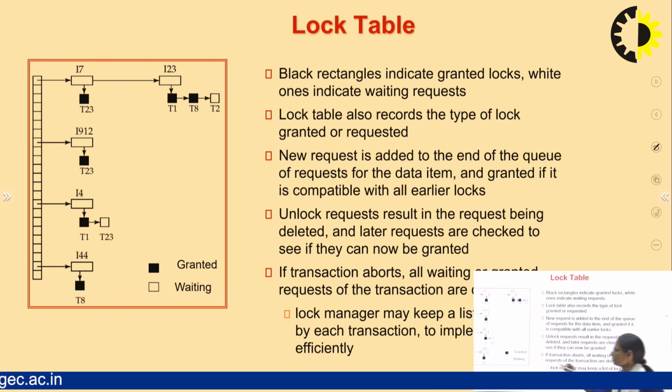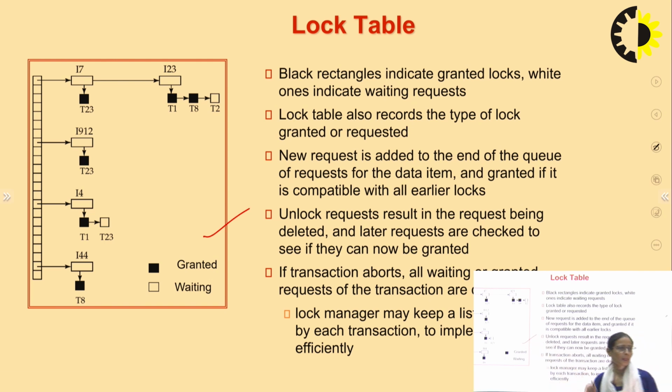All this information is stored in this hash table. A new request is added to the end of the queue of requests for the data item and granted if it is compatible with all the earlier locks. Unlock requests result in the request being deleted, and the later requests are checked to see if they can now be granted. That is, if a new entry is coming, then we add it to the end of the queue.